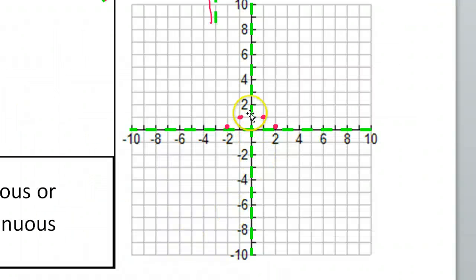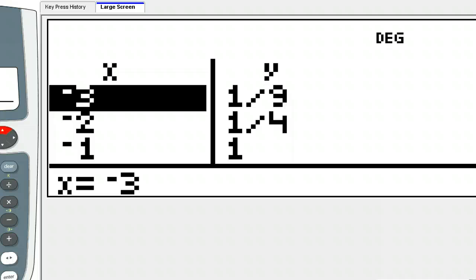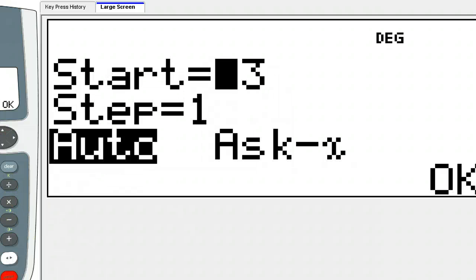I always like to know what's happening really close to the asymptote. So a little to the left, that's -0.5. A little to the right, that's +0.5. Okay, so to do that, I think I'll just use ask mode instead of auto.